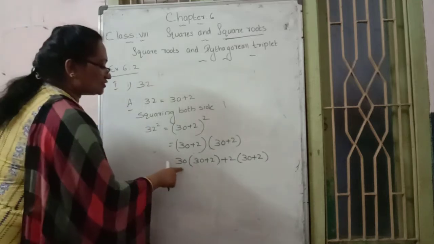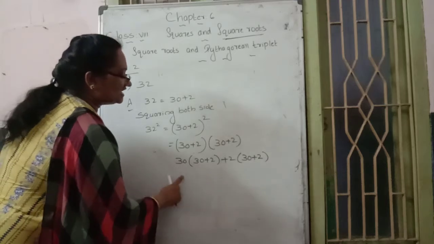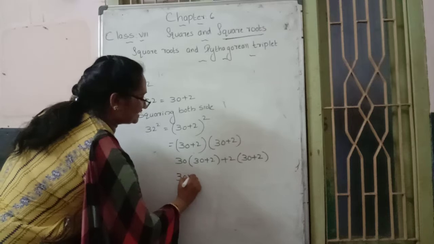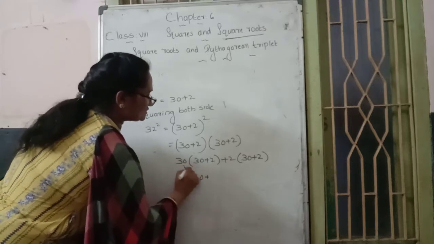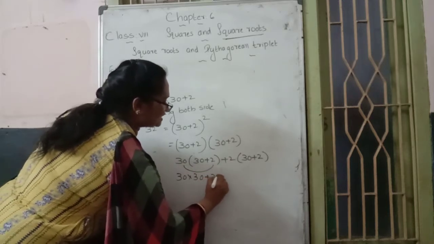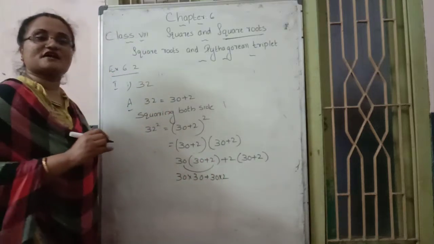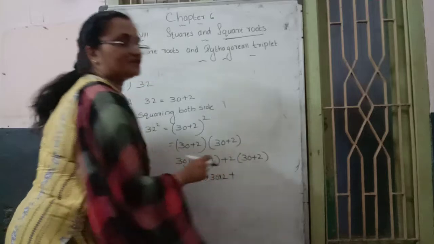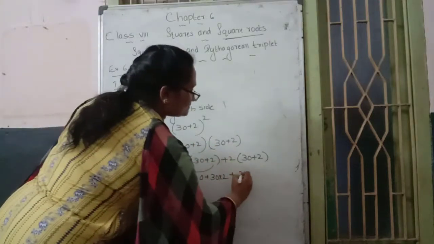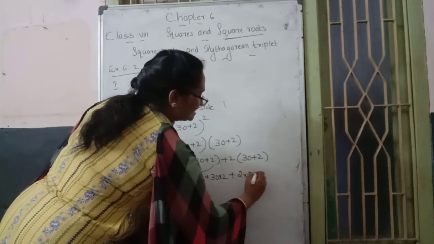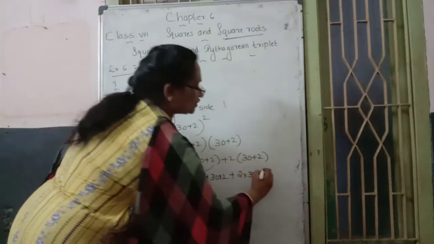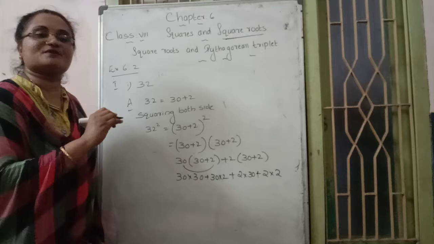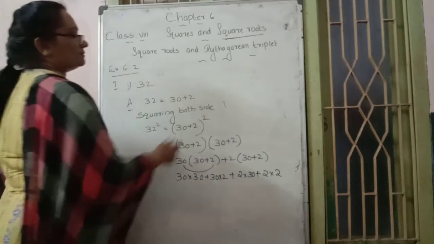That means the outside number is multiplied with each of the two numbers. So 30 into 30 plus 30 multiplied with the second number, 30 into 2. In this way we open the bracket using the distributive property. Plus, here also, 2 is multiplied with the first number 30, plus again 2 is multiplied with the second number 2.